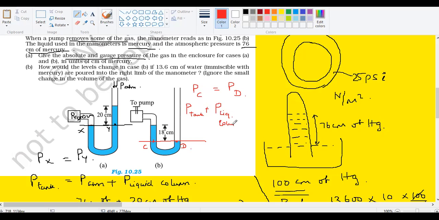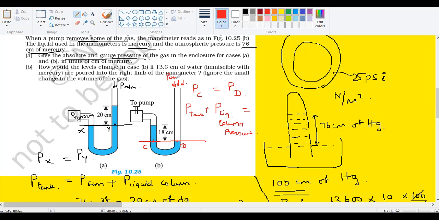Remember, if I say liquid pressure, it is a different meaning. Liquid column pressure means because of the height of the liquid, you are having a pressure. That is equal to pressure at D. Who is pressing on top of D? Anybody?